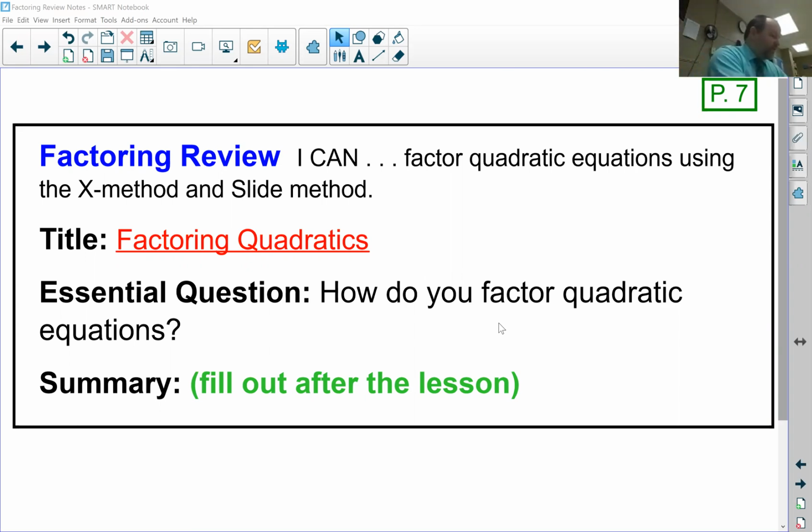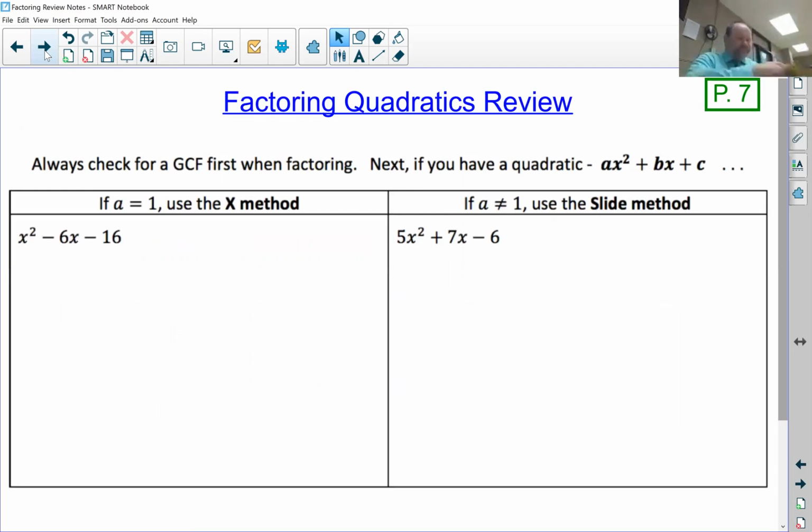If you don't remember factoring from last trimester, well, that's why we're going to do this review. And then next week we'll use factoring in solving quadratic equations. So if you have the chapter 9 packet, the yellow packet, we are starting on page 7.